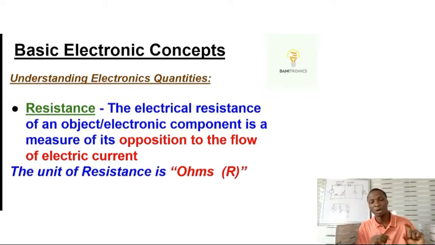Now resistance is an opposition. So a force is pushing this way, resistance is, should I say, another system pushing it back, resisting it. So that's all you need to know about resistance. It's an opposition to the flow of electric current. The unit of resistance is ohms and is denoted by R.